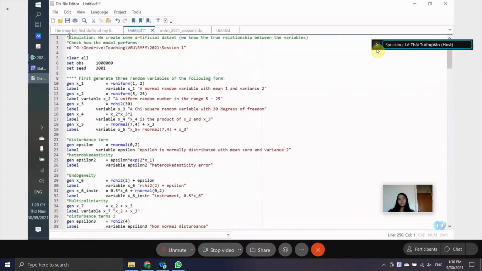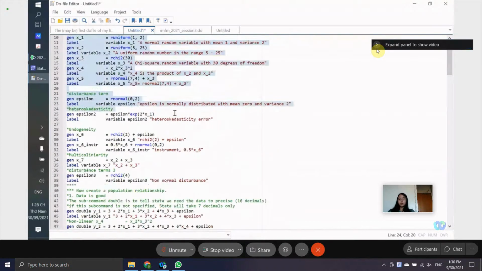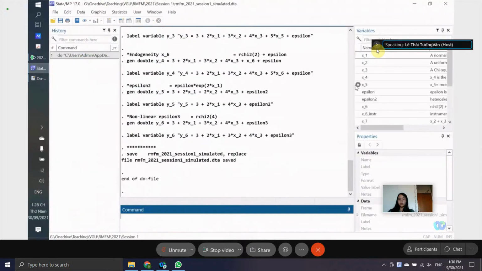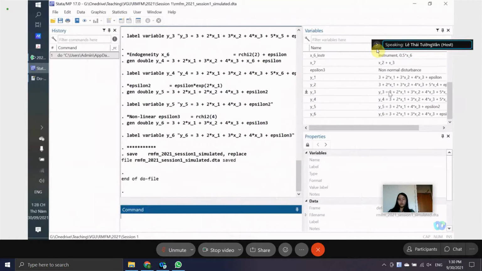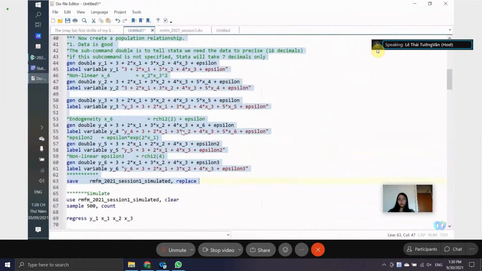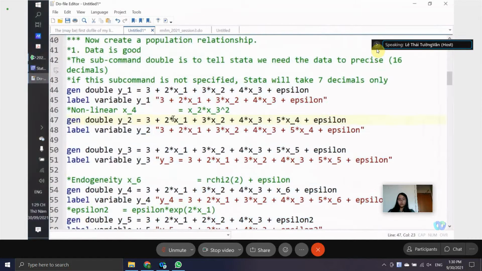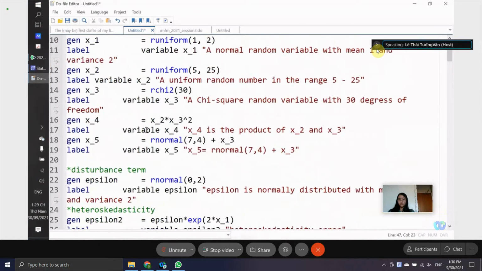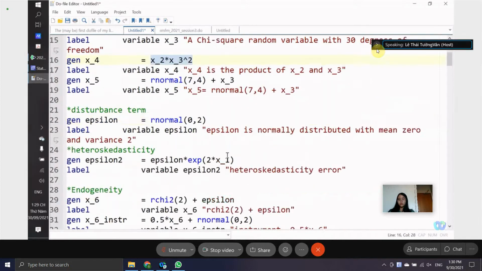We created a series of artificial relationships. What do we mean by artificial? That is, we created them ourselves, and we know the true relationship. So, for example, in this equation, we know that x4 is equal to x2 times x3 squared.